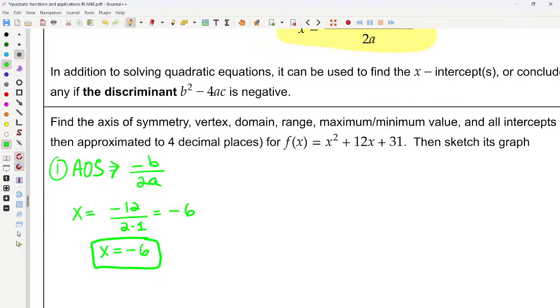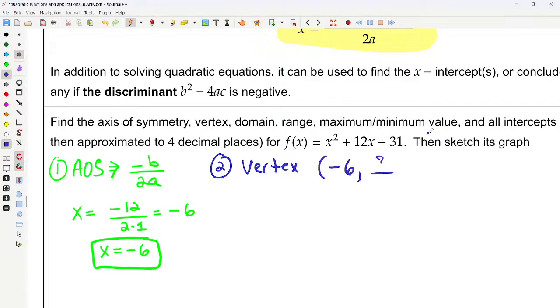That true or false question was intentional. You find the y coordinate by substituting in your axis of symmetry value. So 2, vertex. The way to think about it is we know negative 6, we need its output. So f of negative 6. I can do this in my head.